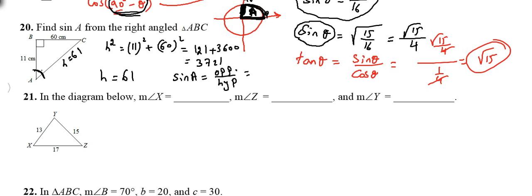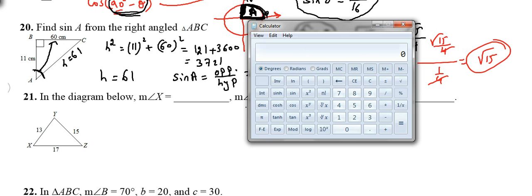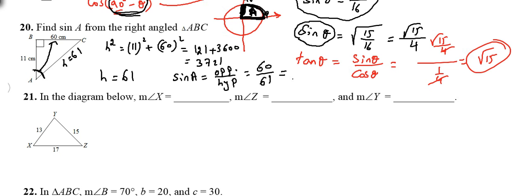What is the opposite of A? 60, over the hypotenuse, which I found as 61. So it is 60 over 61. If you have it in a multiple choice exam and there's no answer as a fraction like 60 over 61, we just divide it. It's 0.9836, approximately 0.98. This is the correct answer.